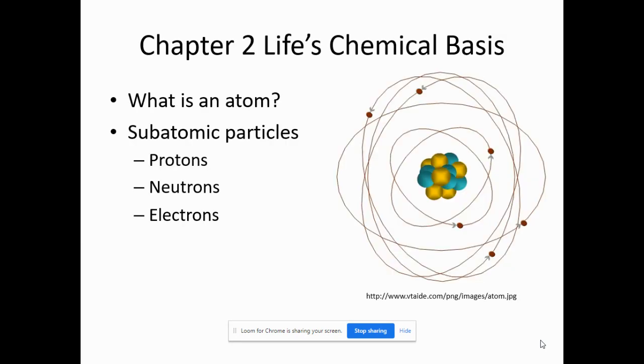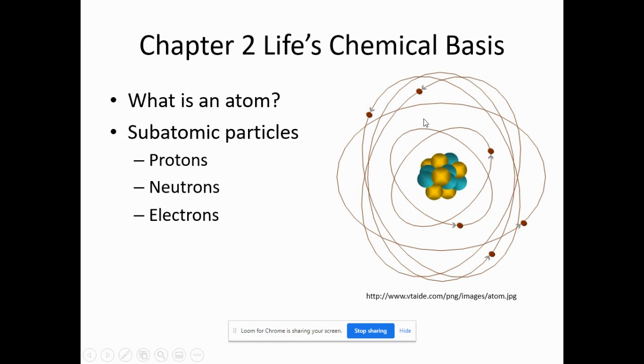A charge is an electrical property, and opposite charges attract. So protons have a positive charge, electrons have a negative charge, and those charges can attract. The neutrons have a neutral charge, so they don't have a charge at all.